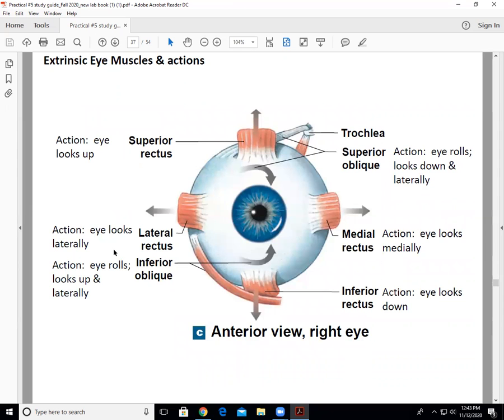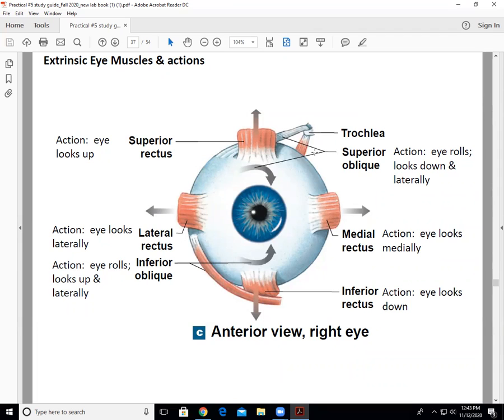Okay, extrinsic eye muscles, so you'll need to know these, and we'll get to look at them on the models as well. Most of these muscles are named rectus, with the exception of the inferior oblique and superior oblique.